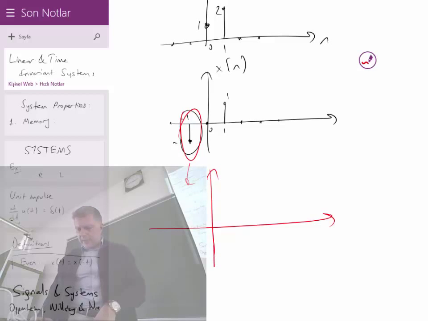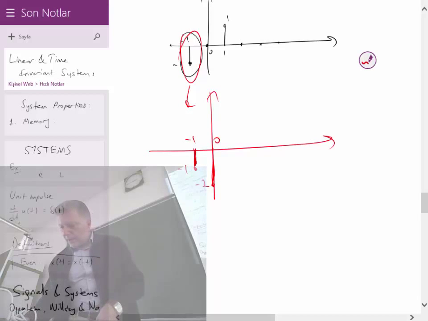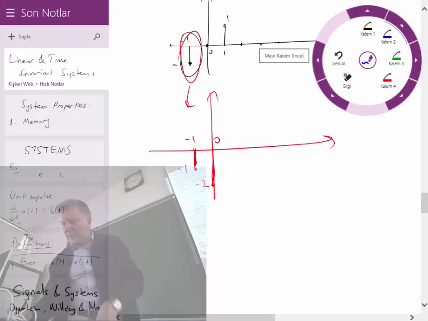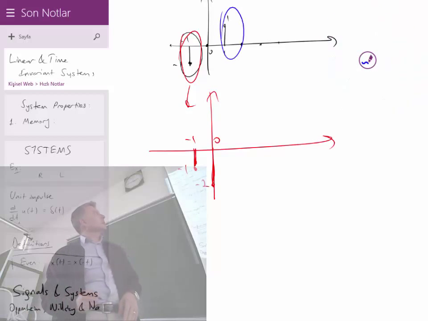So it will be -1 and -2 at -1 and 0. So this is the response, okay? This one and this one, these two. Now I will use a different color, which probably you will not be able to see. The blue one, this one. What's the response?